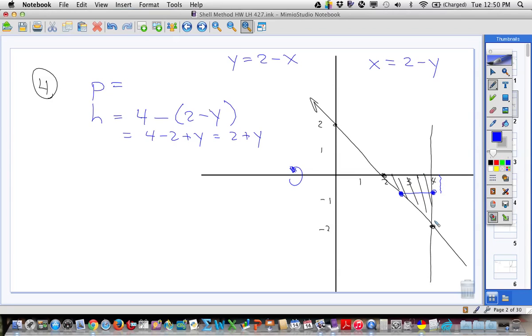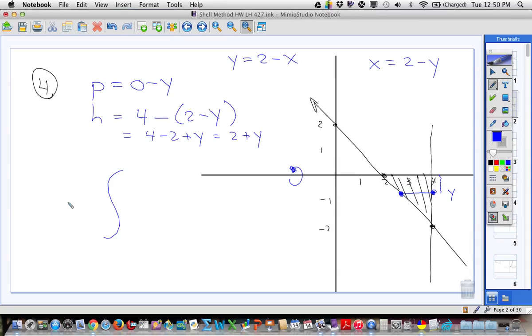Now, somebody was asking me, they said, so in shell you have 2 strips, a horizontal and a vertical. Well, I guess so. I usually think of just this as my strip. I don't think of this as my strip, but I do think of it as a top minus bottom situation. So if this y value, say, is at -1, if the strip's at -1, how far is it from the center? Well, 0 minus -1, which would be positive 1. So it's 0 minus y, which would be -y.